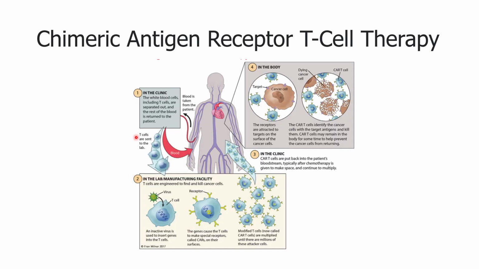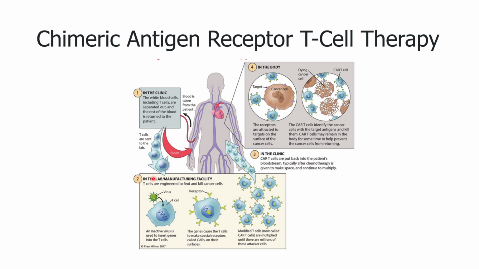Now let us understand this immunotherapy with the help of an example, chimeric antigen receptor T cell therapy. From the name itself, it is suggested that it is related to T cell therapy. When a patient has cancer, his blood is circulated through a machine from which T cells are extracted and the blood is recirculated back into the patient.